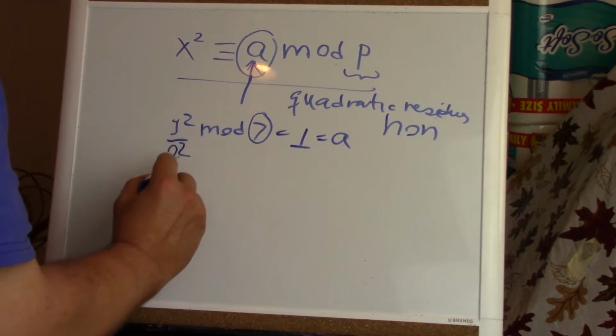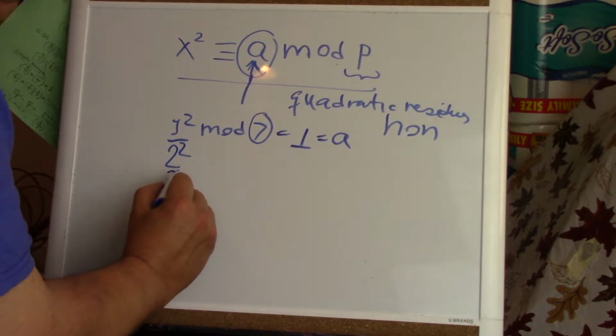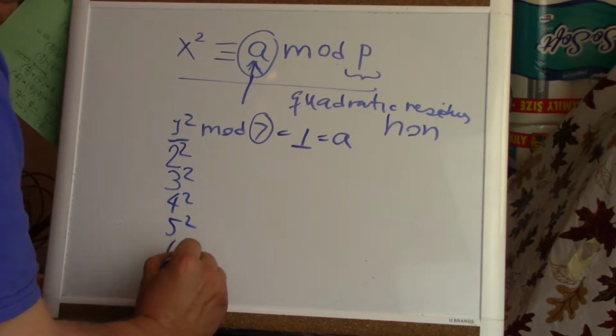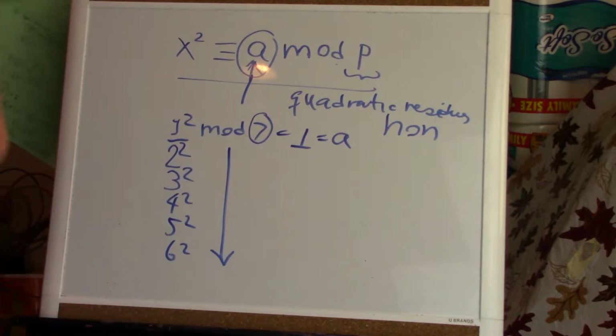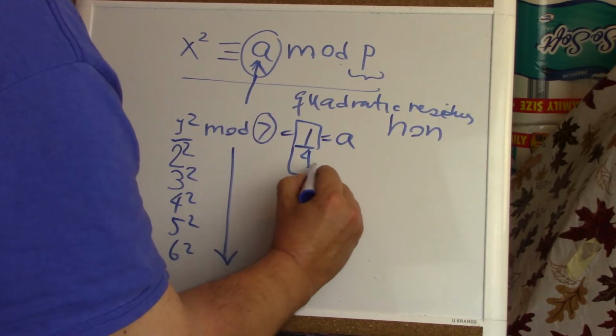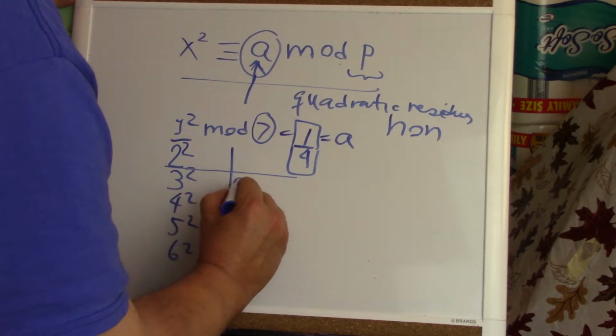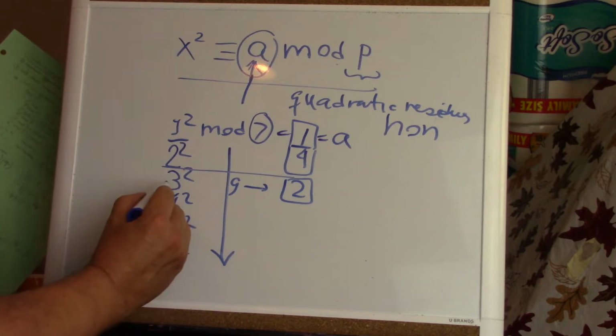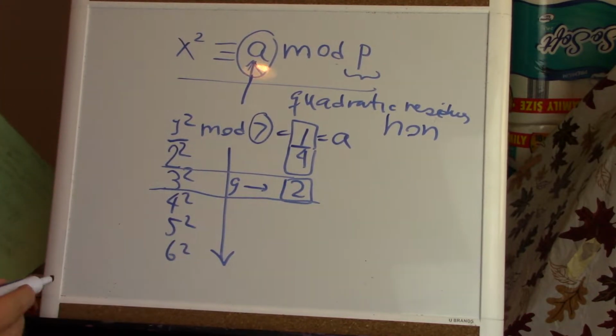Okay, so then 2 squared, I'm just going to write these down. They're all going to be mod 7, so this is going to be 4. Okay, this is going to be 9, but 9 mod 7 is 2. Now notice what happens with quadratic residues, which I happen to love.